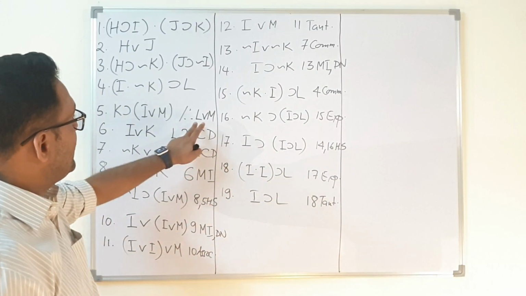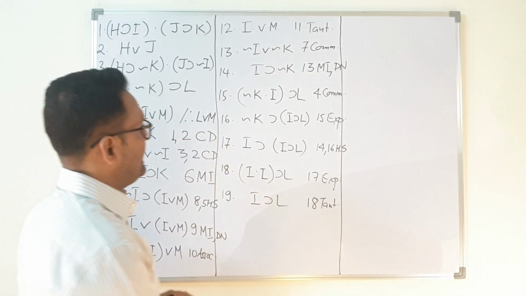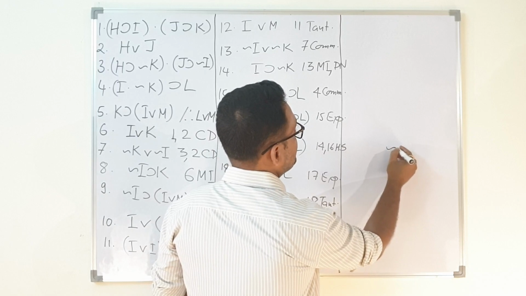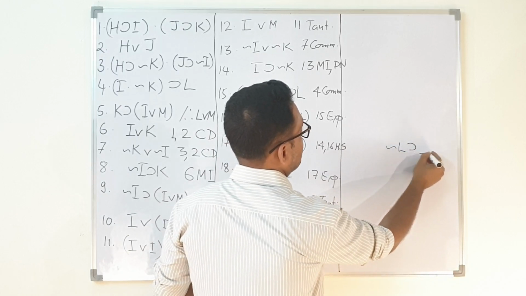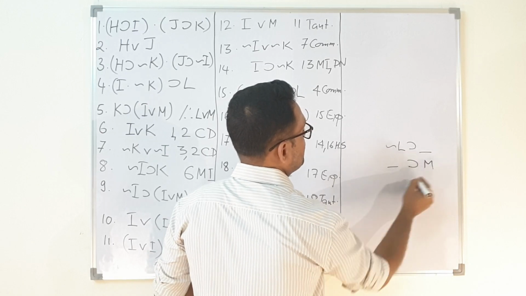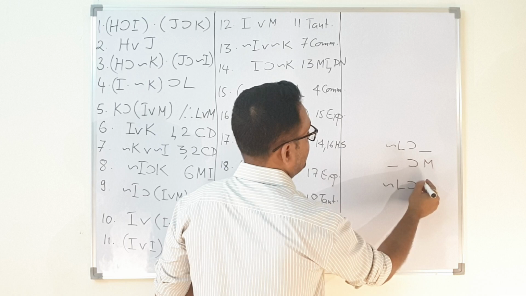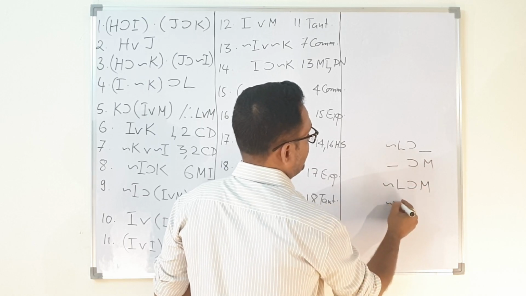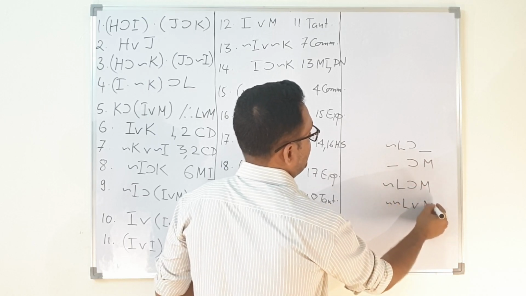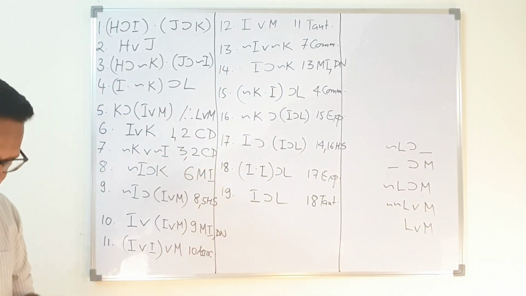You require an answer with L wedge M. If you can create, say, negation of L implies something and something implies M, so you will get negation of L implies M. This will be double negation L wedge M, and this will be L wedge M, which is your answer.